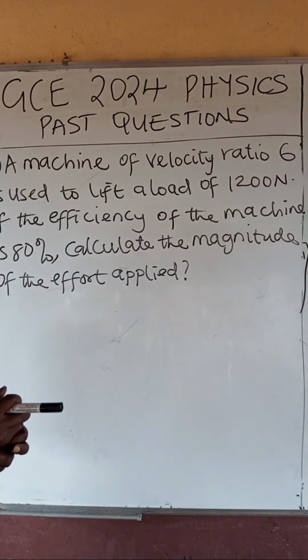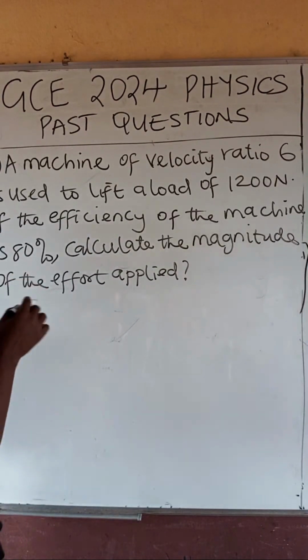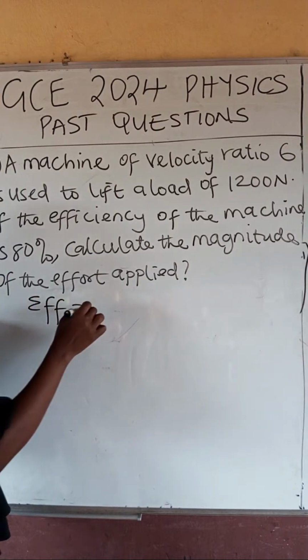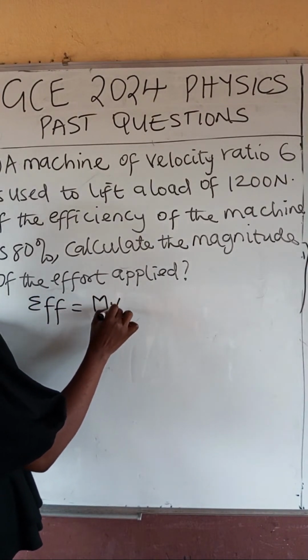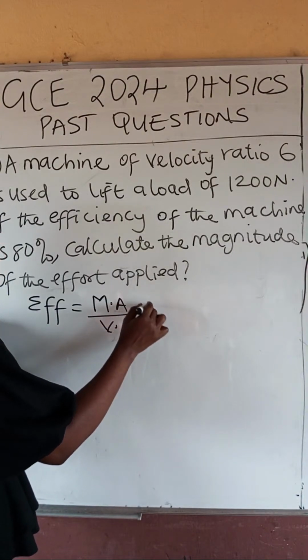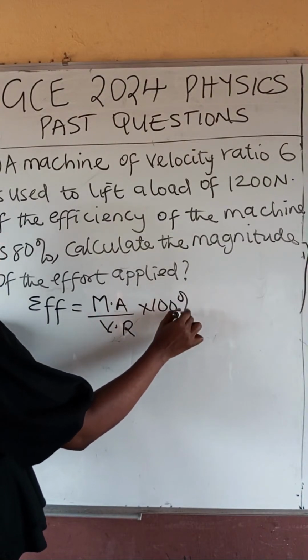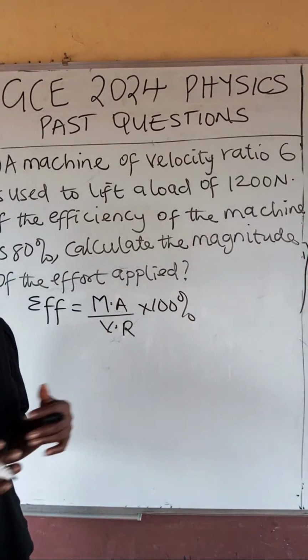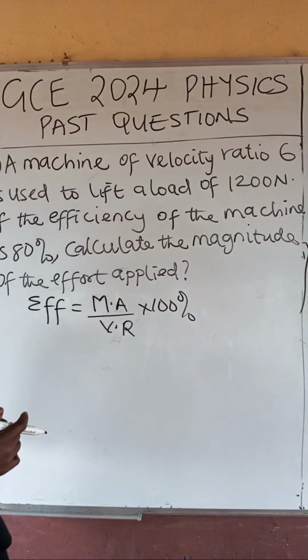Now, one thing that will come to your mind is that the efficiency of a machine is equal to mechanical advantage over velocity ratio, then multiply by 100%, because the efficiency is expressed as a percentage.